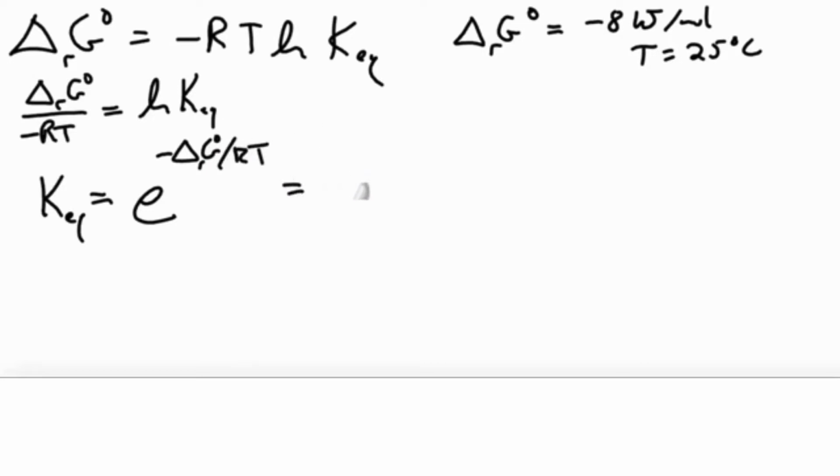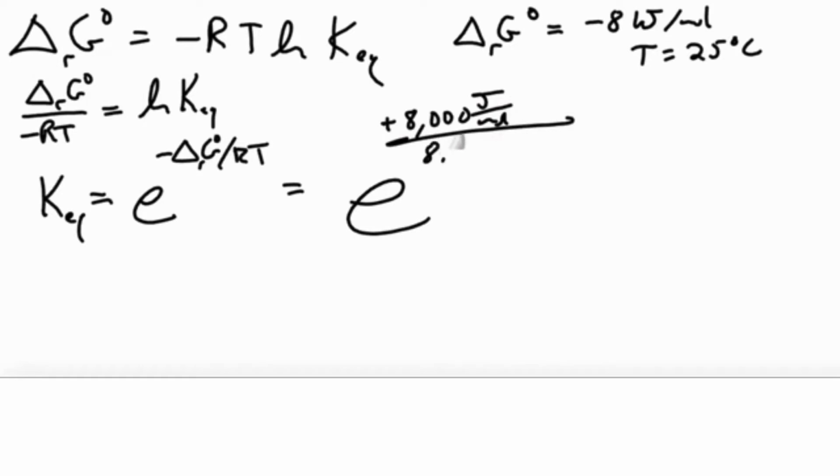We plug in our numbers, and we had a negative of a negative 8 kilojoules, so we've got 8,000 joules per mole divided by 8.314 joules per mole per Kelvin, and the temperature, which we have to convert to Kelvin, 298 kelvins.